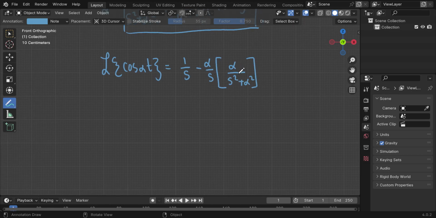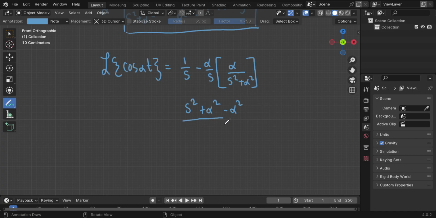So combining this all, I'm going to multiply the left side by s squared plus alpha squared divided by s squared plus alpha squared, so that I get in the numerator s squared plus alpha squared, and then I'm subtracting an alpha squared as I distribute this inside.